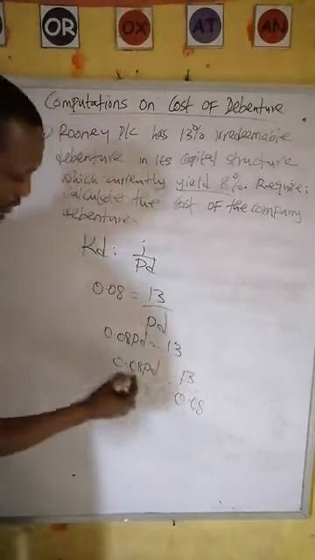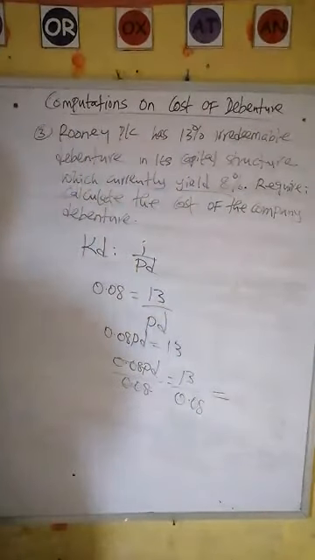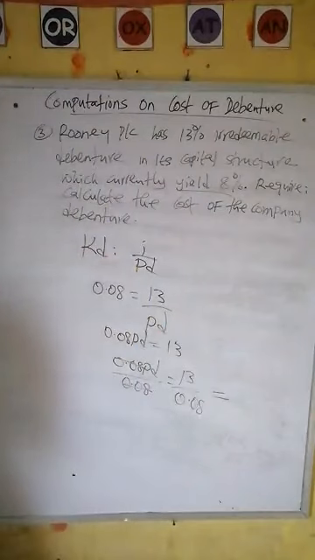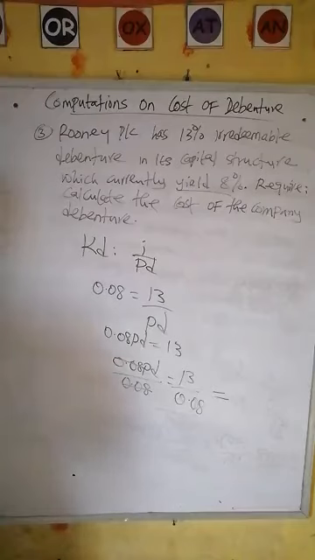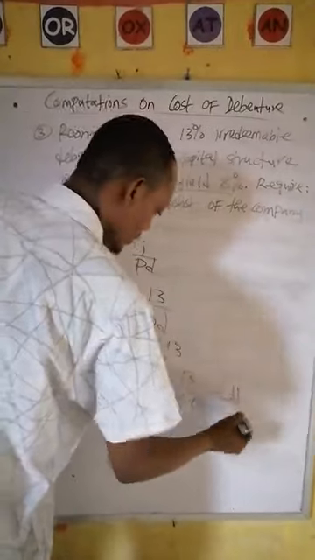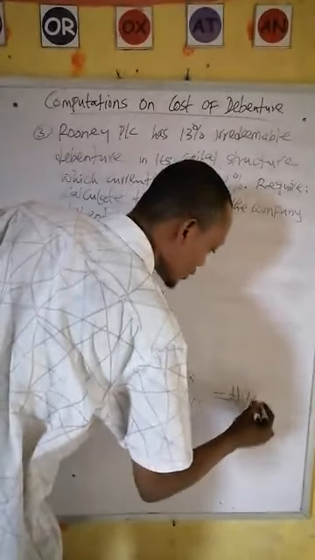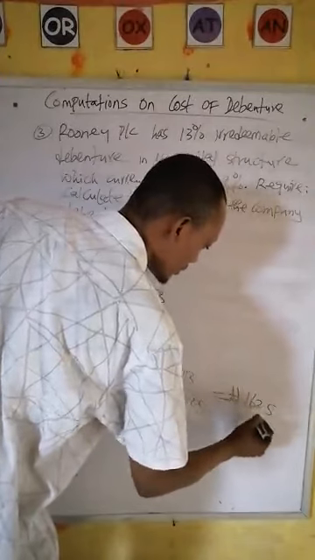So this will cancel this. What is the answer? Our price of debt will be 13 divided by 0.08, so 162.5 naira.